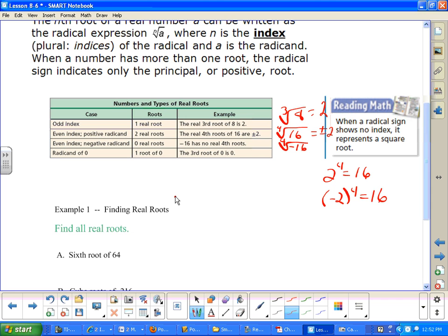If the radicand is 0, then the answer is 0. The 25th root of 0 is 0. It doesn't matter what the index is, because 0 to any power is what? 0.